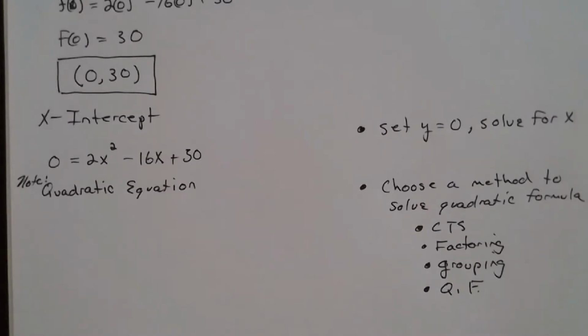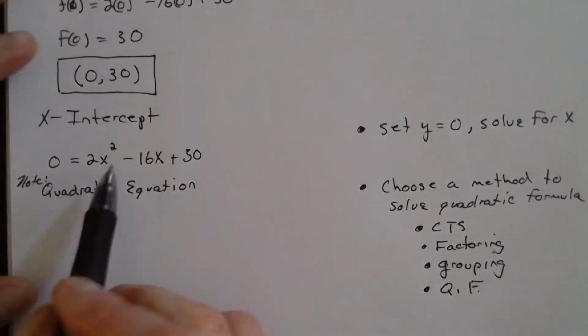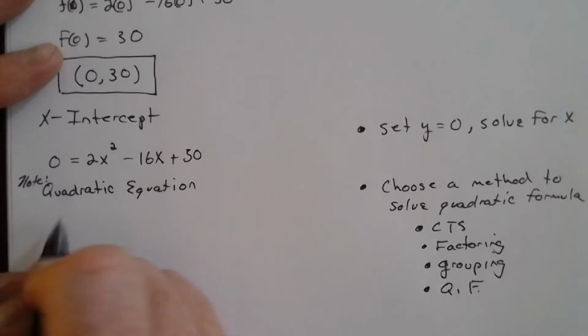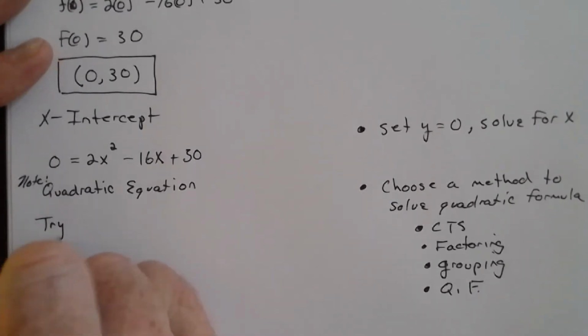We can use factoring, and we can also use the quadratic formula. So let's try to factor this. If we take 2 out, we're going to try to factor.